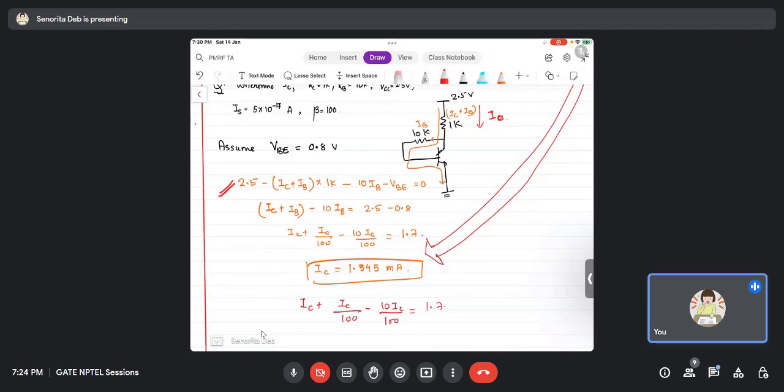If we don't neglect base current... the derivation that I have made was assuming base current negligible. Ma'am, in the second step, IC plus IB plus 10 IB will be getting 1. IC plus IB. Yeah, right.